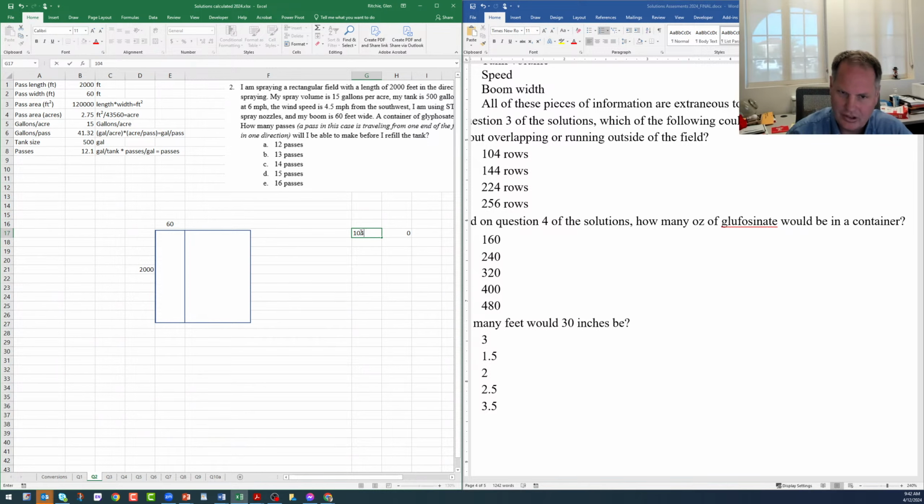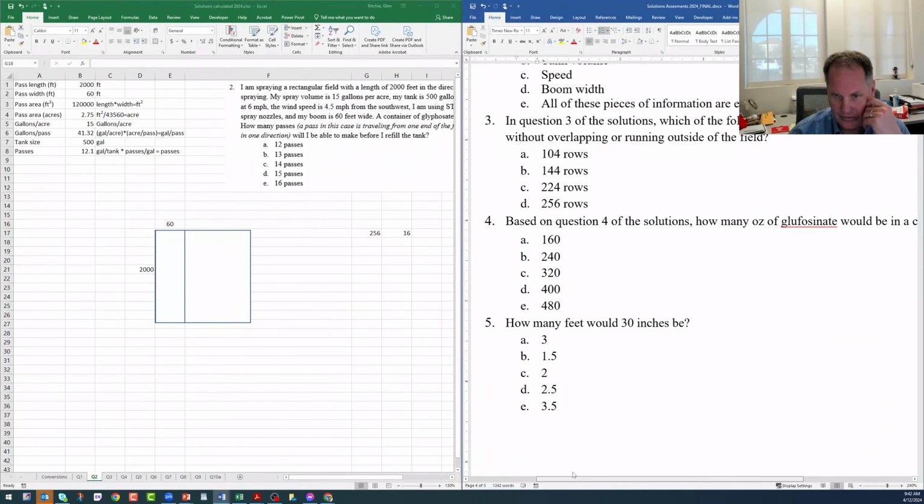I'm just going to plug in these numbers, divide by 16. 104 doesn't work. 144 does work. Let's check the others. 224 works, and 256 works. So 104 rows would not work in this case.